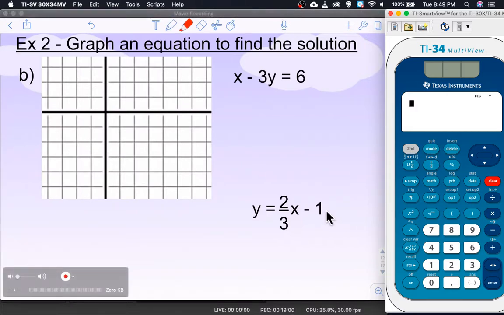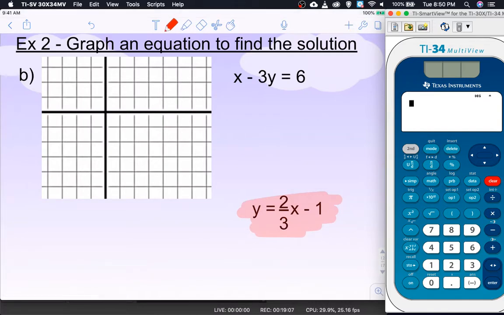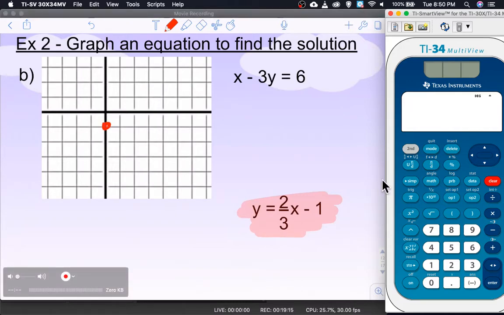I'm going to do this one first because it's in slope-intercept form already. So this is the easy one here, and then I'll go back and do the harder one. So my line has a y-intercept of -1. I'm labeling less stuff and explaining less because we should know it. That's my y-intercept. I'm going to move the way the slope tells me to move, which is up 2/3.